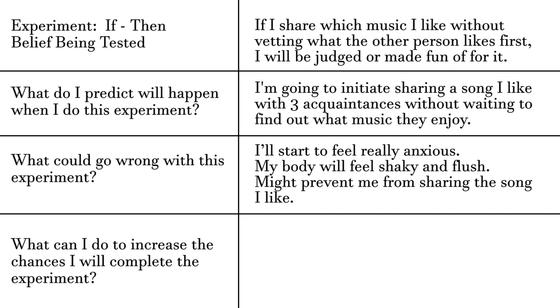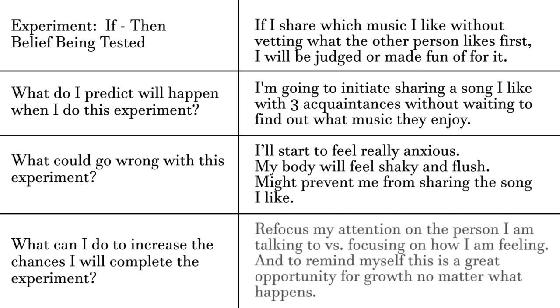In the next column, to have a plan to cope with this, I'm going to write down to remember to refocus my attention on the person I'm talking to versus focusing on how I'm feeling, and to remind myself that this is a great opportunity for growth no matter what happens. From here, it's time to dive in, complete my experiment, and gather some new information for myself.